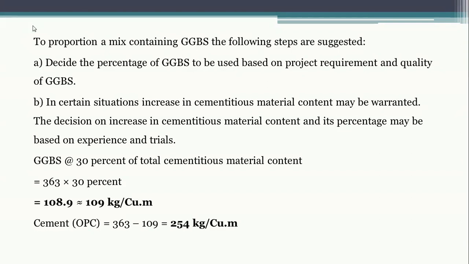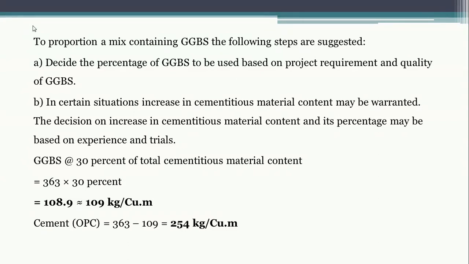Next, in certain situations, an increase in cementitious material may be warranted. Why? Because cement already has certain chemicals in it. Now we are adding GGBS also, which means we are increasing those chemical proportions.